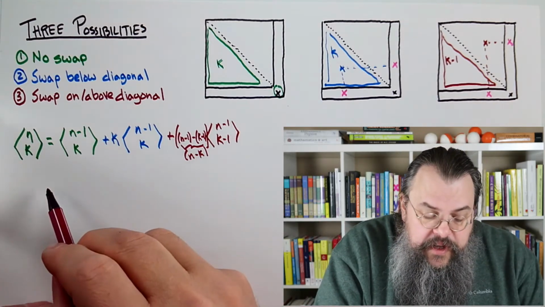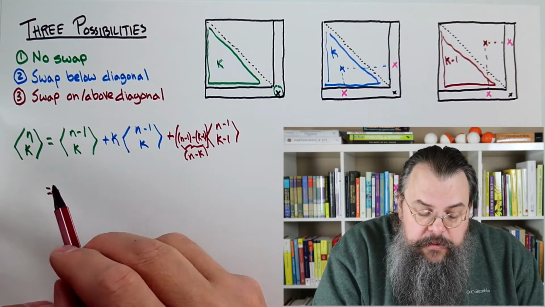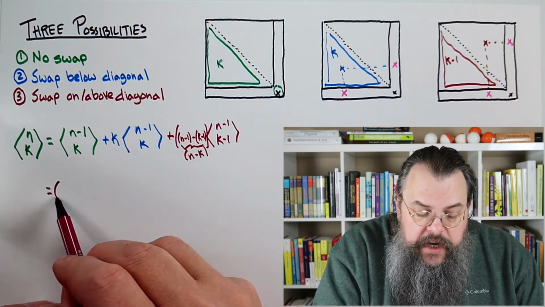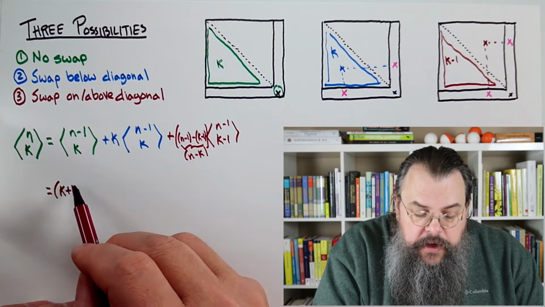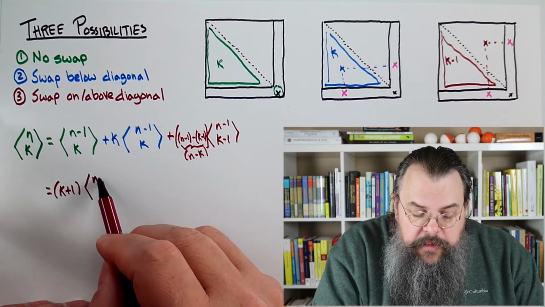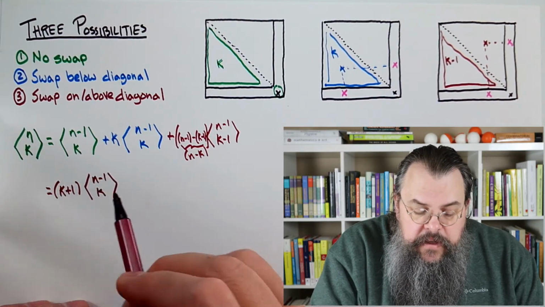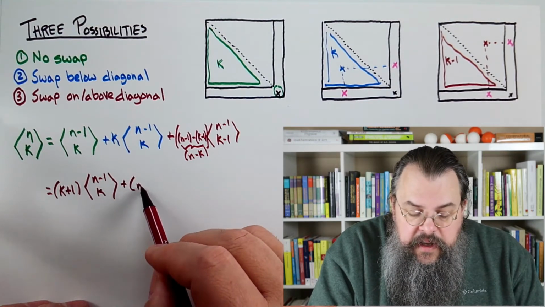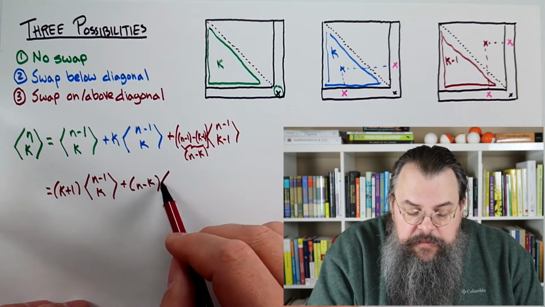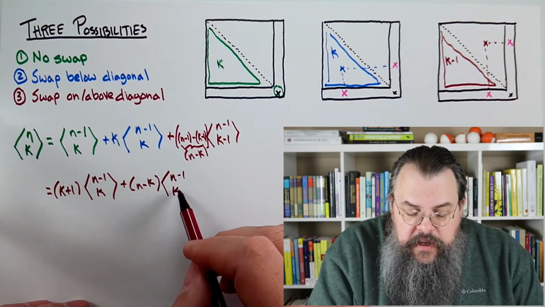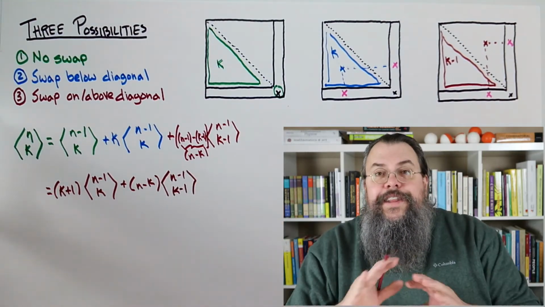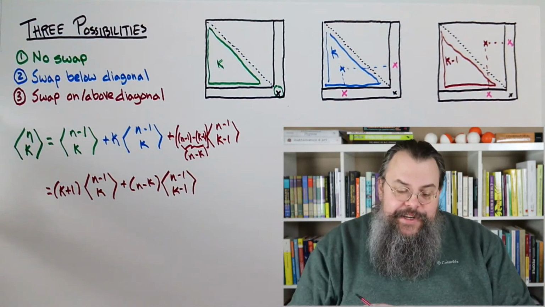So we put this together, and these two can combine: k plus 1 times n minus 1, k, and then plus n minus k times n minus 1, k minus 1. That's it. There you go.